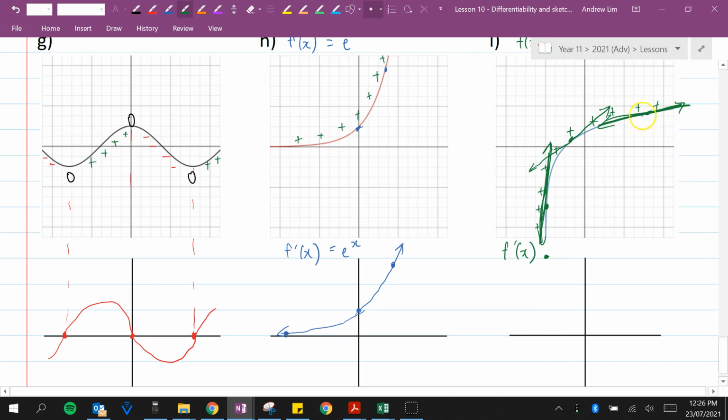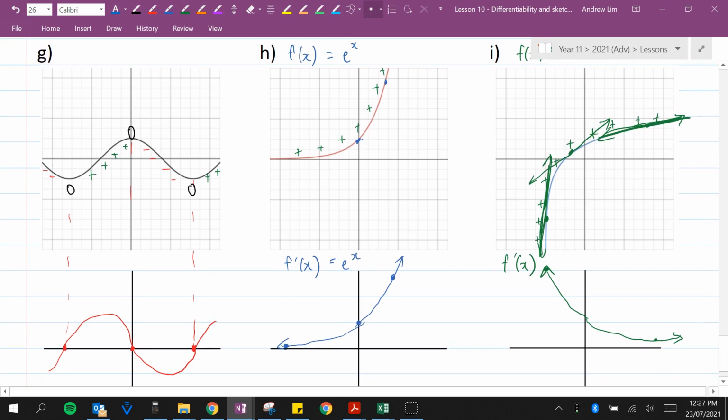As x approaches infinity, we can see it's getting flatter and flatter, which means it's getting closer and closer towards 0. And that's the general shape of the gradient function of this curve up here. Okay?